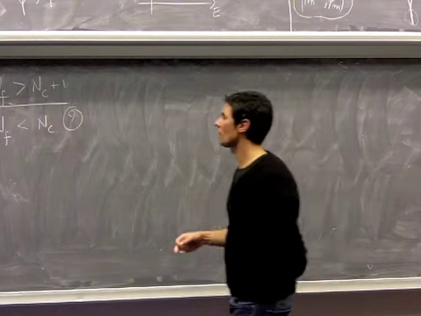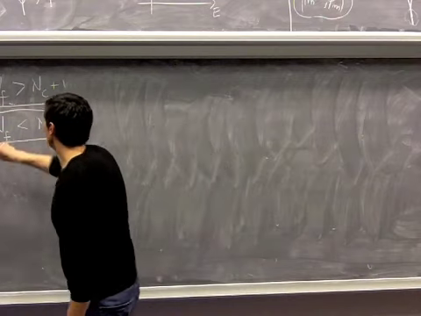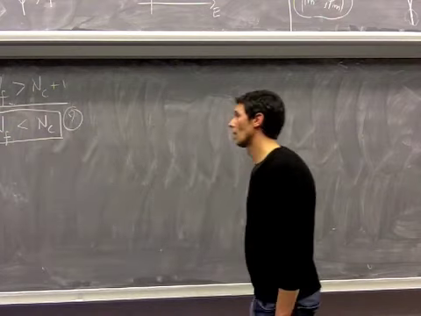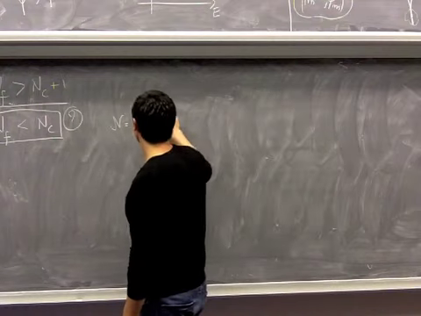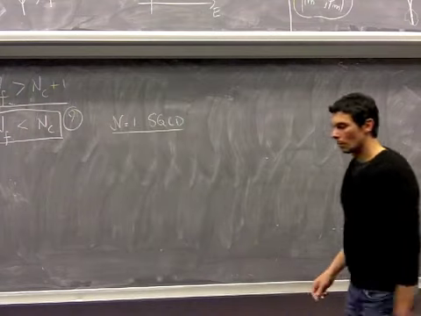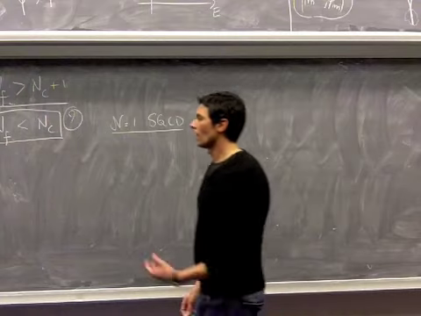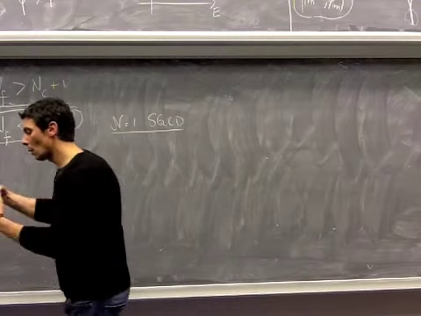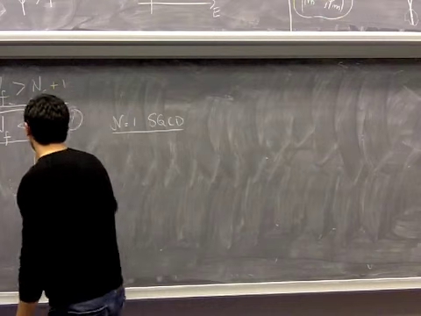So what happens is the following. When you are in this situation, and you study this minimally supersymmetric QCD theory, you can show, and this is an exact result, that the quantum mechanics of your theory induces a potential.